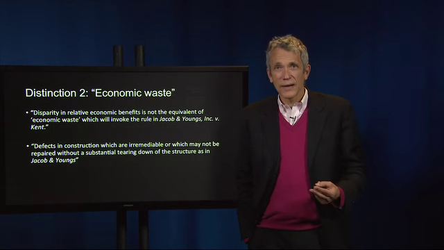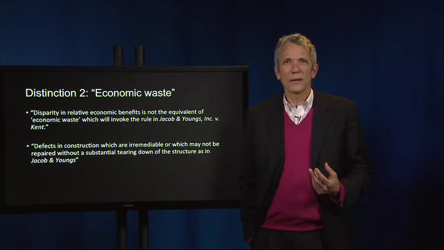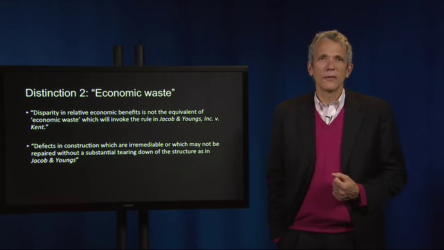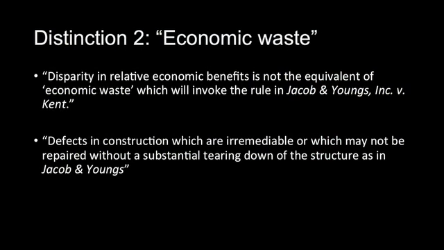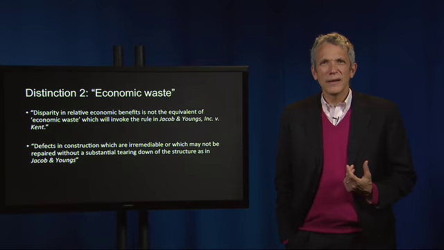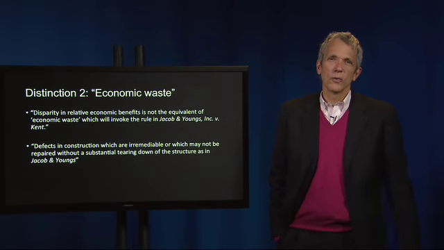The court's second main argument is about what counts as economic waste for purposes of Jacob and Youngs. In this case, the court tells us that disparity in relative economic benefits is not the equivalent of economic waste, which was invoked in Jacob and Youngs versus Kent. But it doesn't really give us a satisfying substitute rule.